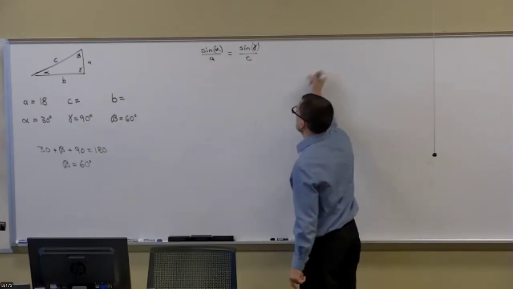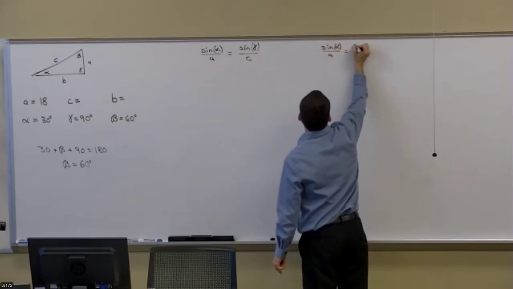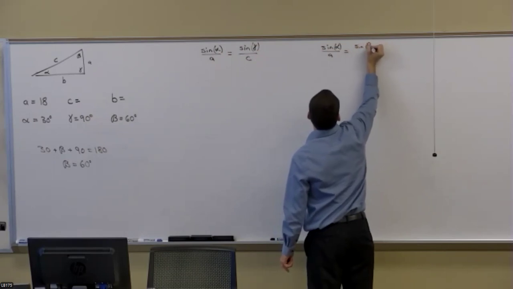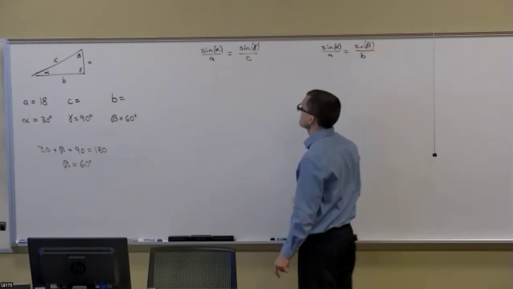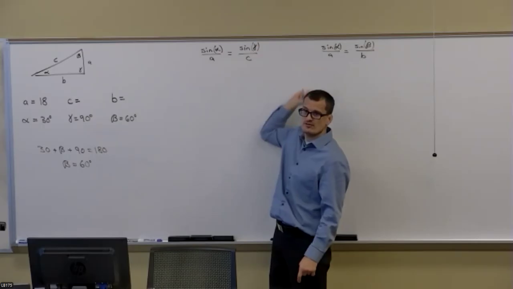In order to find B, I'll do almost that identical thing: sine of alpha over A is equal to sine of beta over B. So this one will find the C, this one I'll use to find the B.